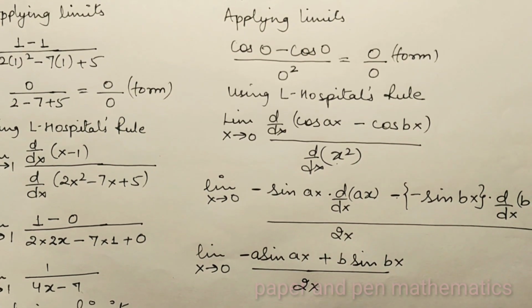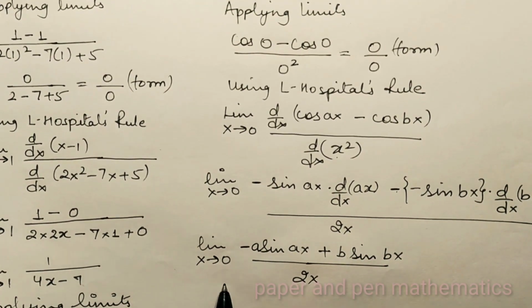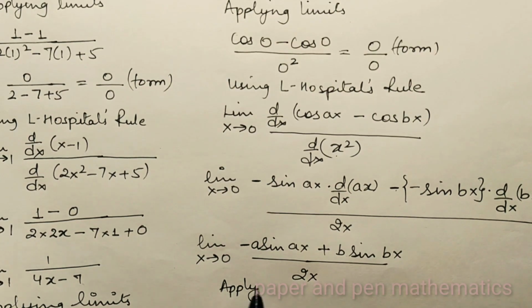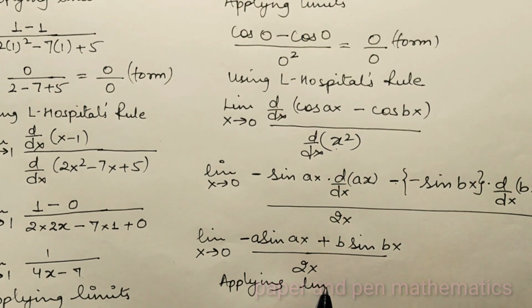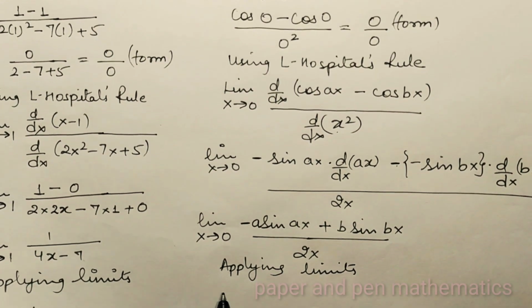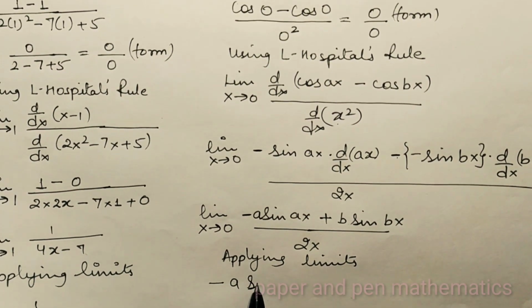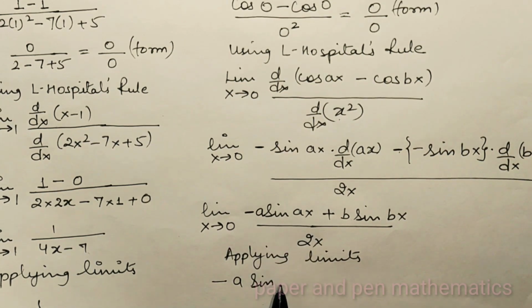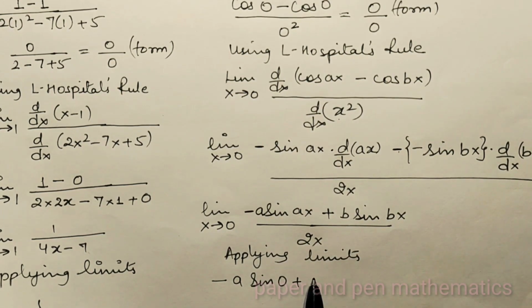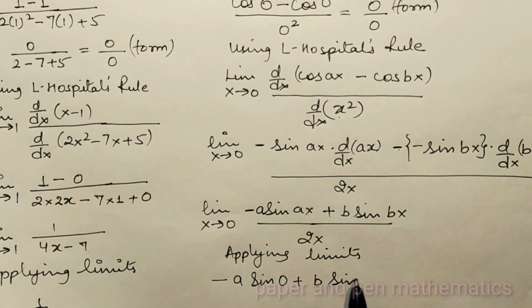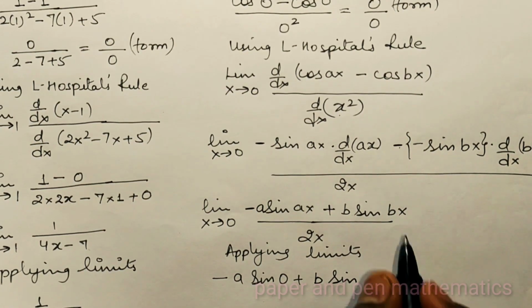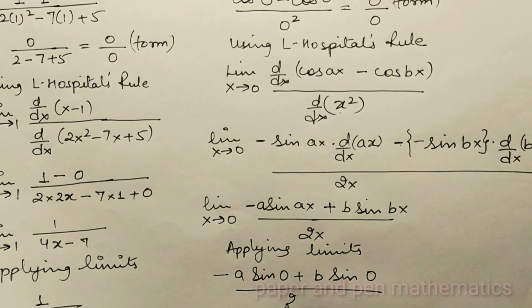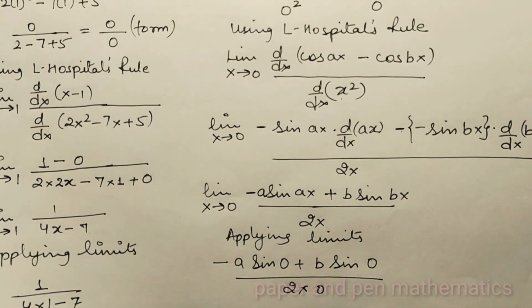Now since differentiation is finished, we have to apply limits again. So applying limits, minus a sine x is what? X is 0, limit is 0, 0 into a will be 0, plus b sine b into x, x is 0, so b into 0 will be 0, whole divided by 2 into 0.